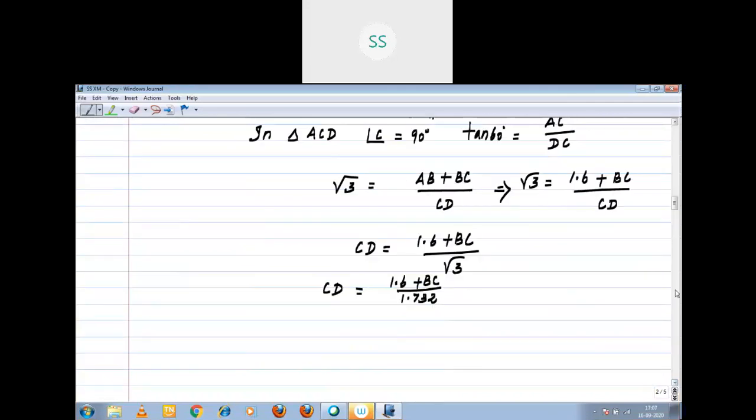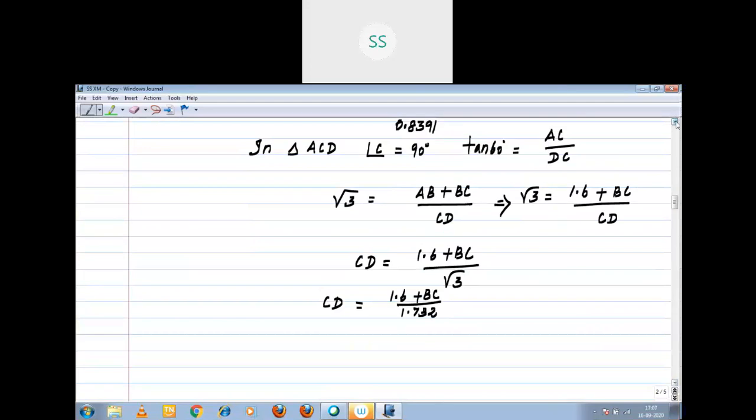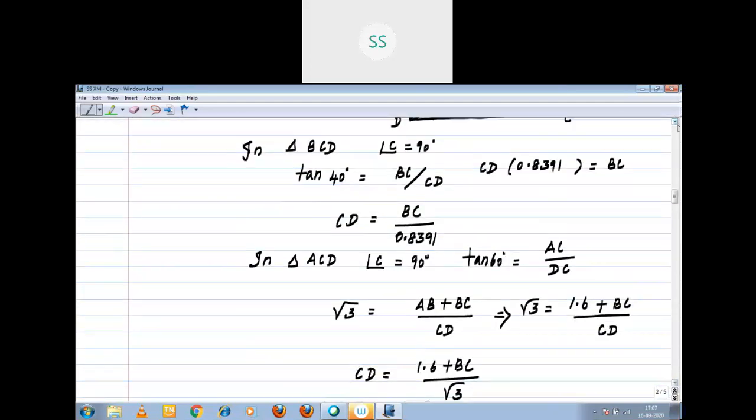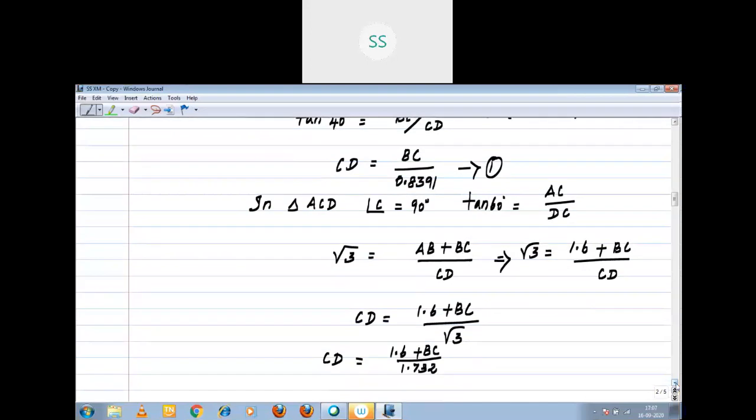Now, what is CD? Already you have arrived at one result: CD equals BC divided by 0.8391. That is equation number 1. What you have arrived at now is equation number 2.